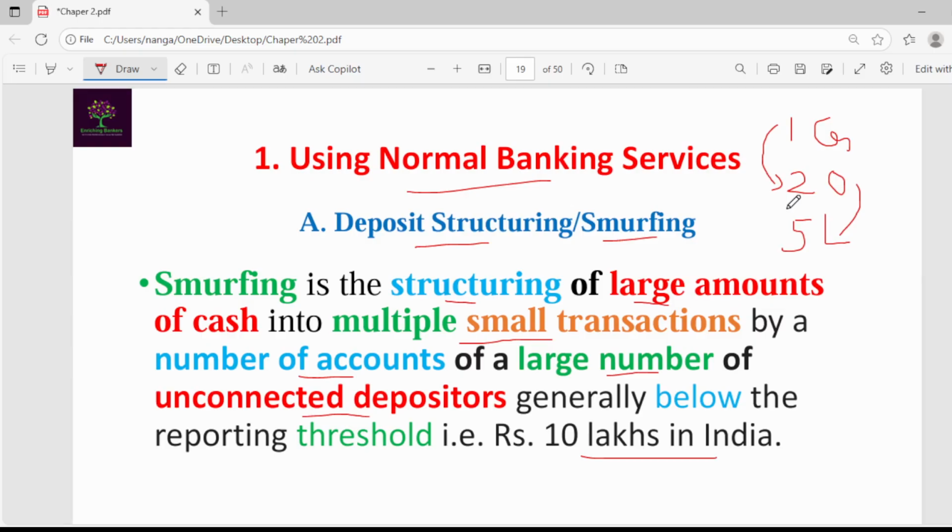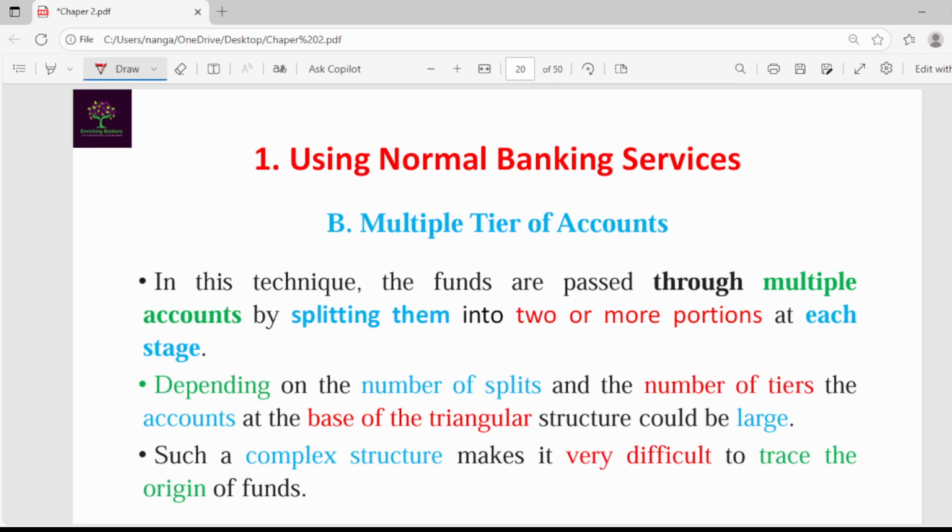Here large amounts of illegal funds are deposited as small transactions by a number of accounts of a large number of unconnected people, and these amounts are deposited below the reporting threshold, that is 10 lakhs in India. So this is about the deposit structuring or smurfing method.